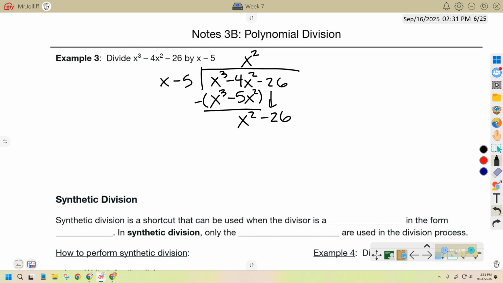Oh, something feels very wrong there. What's missing? An x. Yeah, that shouldn't be there. Now what? I'm going to put a placeholder in for the term that should have been there. Yeah, I need a placeholder.